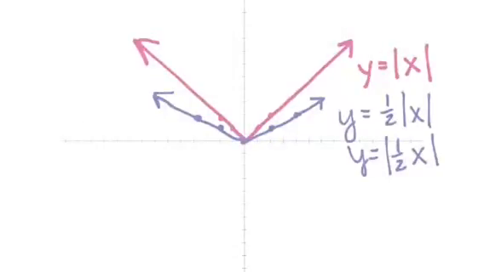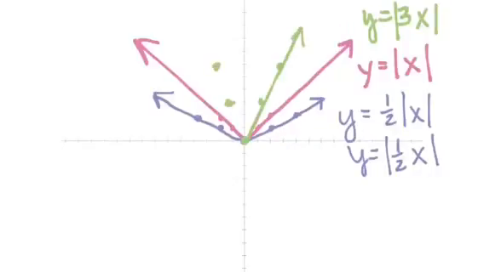Here's another graph. Let's say we want y equals 3 times the absolute value of x. Vertex stays the same. I'm going to go up 3 over 1, and I'm going to go up 3 back 1, doing my best to keep this drawing accurate.